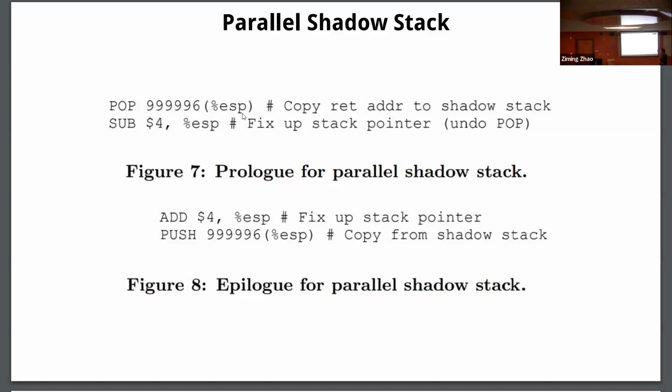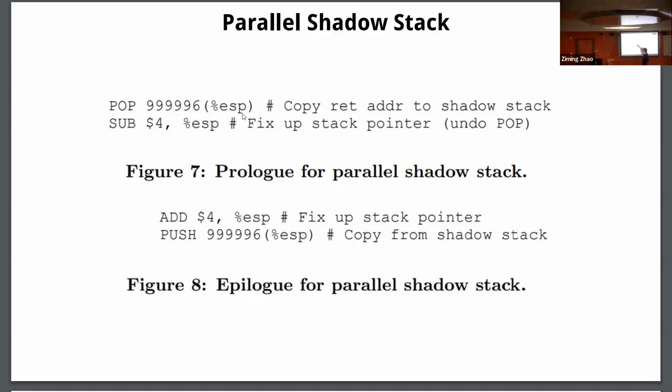You can see the first one, the prologue for the parallel shadow stack. We are still making a copy of the return address, right? We just use the pop instruction to do that, because the pop instruction can actually move from memory to memory. And the pop instruction will have a fixed offset, that's the distance between your main stack and your shadow stack.